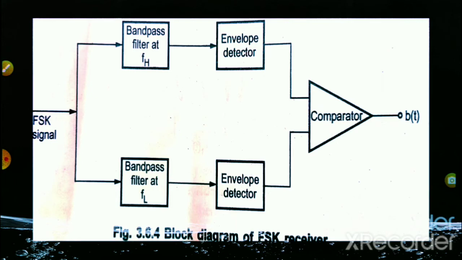The bandpass filters pass their corresponding main lobes without much distortion. The outputs of the filters are applied to envelope detectors. The outputs of the detectors are compared by the comparator, if a unipolar comparator is used. Then the output of the comparator is the bit sequence.